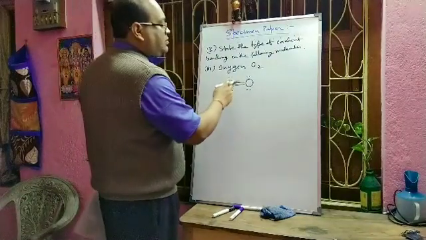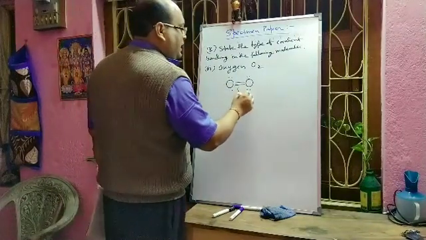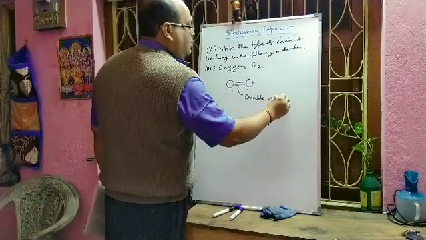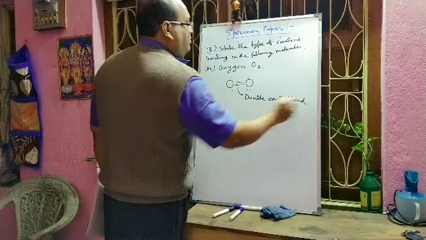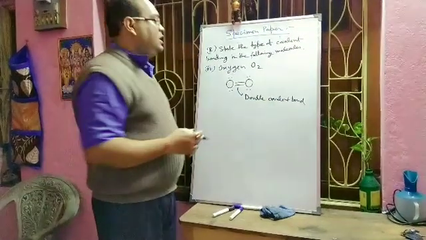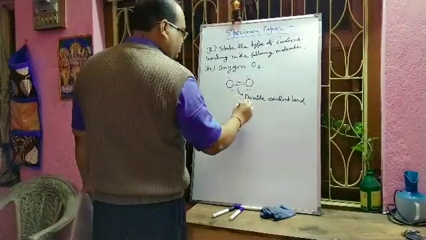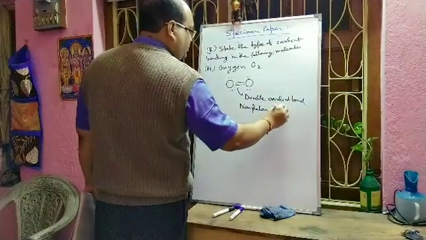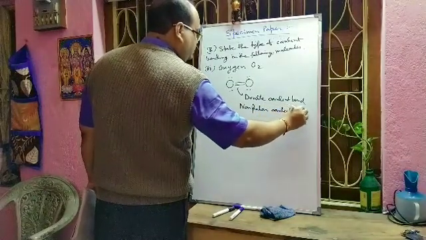So between two oxygen atoms, one double bond is present. So you will write double covalent bond. Here both are oxygen atoms, so definitely the bonding pair electrons will be equally shared, and this is also non-polar covalent bond. Okay.